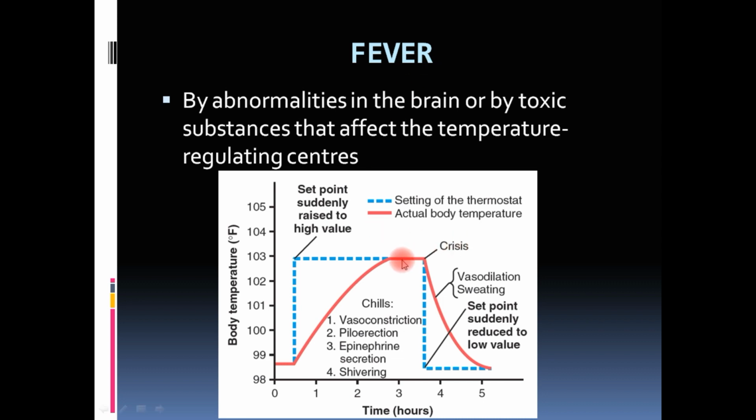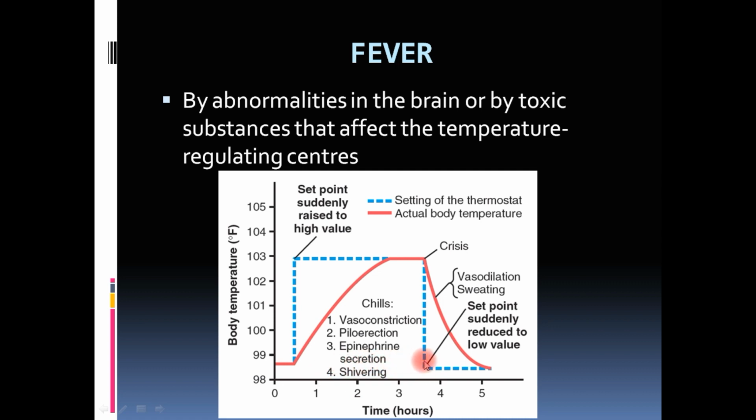Then comes the crisis. This is the point called crisis. What happens in crisis is that when the effect of these toxins comes down, the set point level suddenly reduces to the basal value.